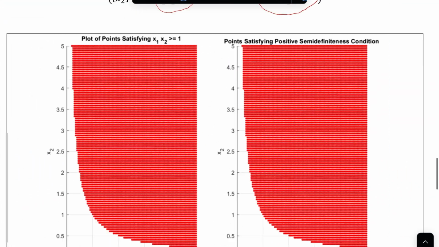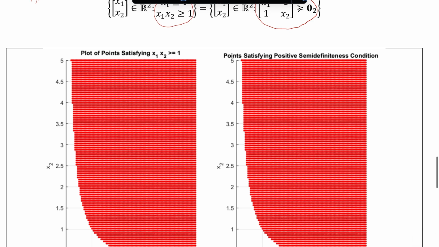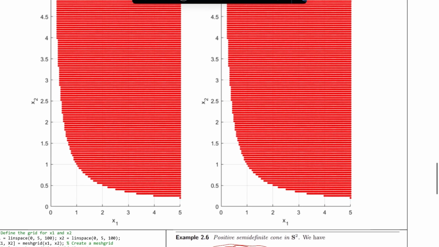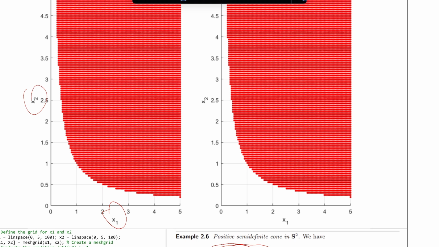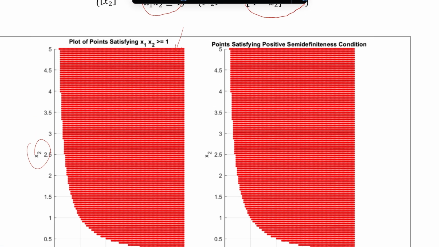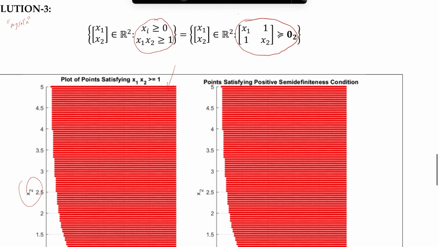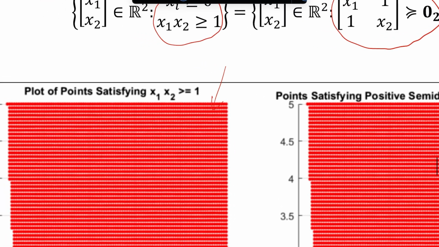Yeah, I plotted it. So what is this? This is all the points, x1 and x2. I'm looking at all the points. I need to discretize that, so I have finitely many. My resolution cannot go to very low values or high values, it's limited.